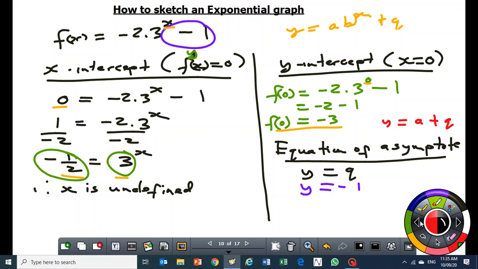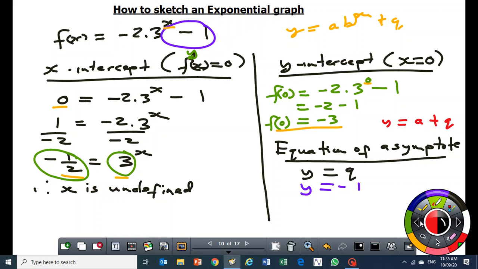Now let me remind you. When you are asked to write down the equation of an asymptote, if it's a vertical asymptote for the hyperbola, you start with x equal to something. If it's a horizontal asymptote, always it starts with y equal to. So if you're asked to write the equation of an asymptote and then you write 2, that's not an equation. If you write q equal to minus 1, that's not correct.